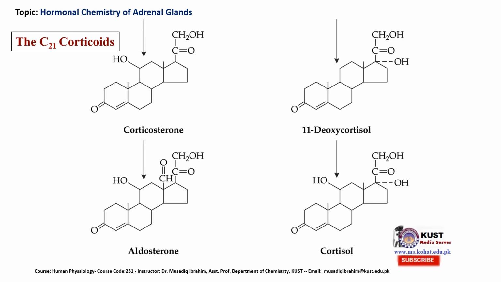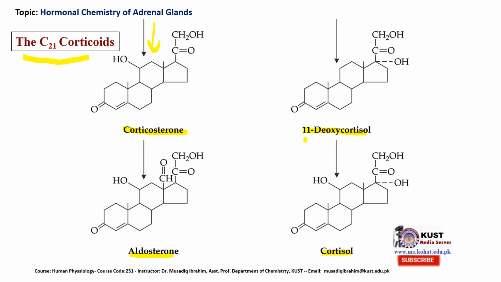Now moving towards the C21 corticoids. So these are the C21 corticoids. One of them is corticosterone, then you have aldosterone, you also have 11-deoxycortisol and cortisol. Now if you look, corticosterone is synthesized through a number of enzymatic reactions from the cholesterol precursor molecule.